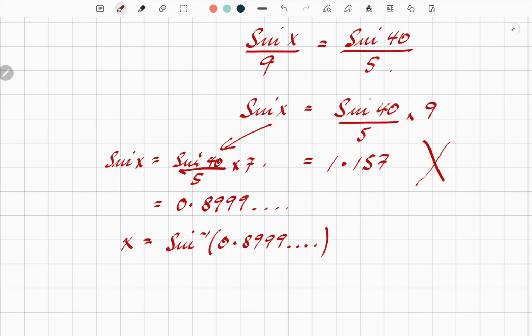Okay? So inverse sine of that, x equals 64.1 degrees, again to three significant figures. All right? With the exception of the little hiccup with the 9, do you see how that's used now?